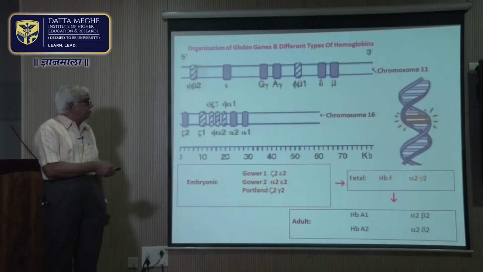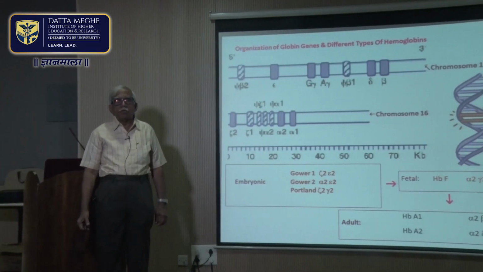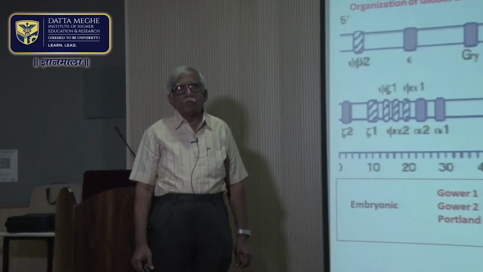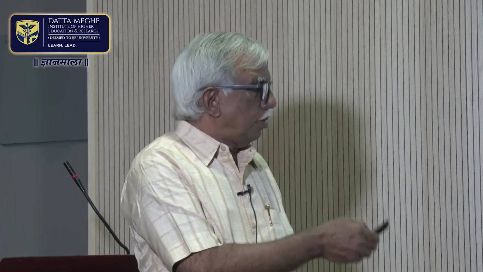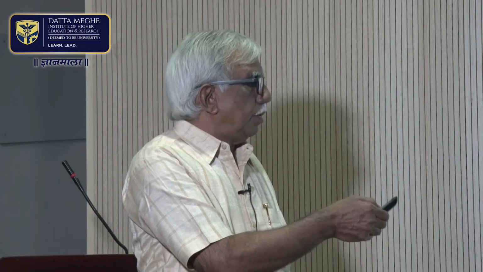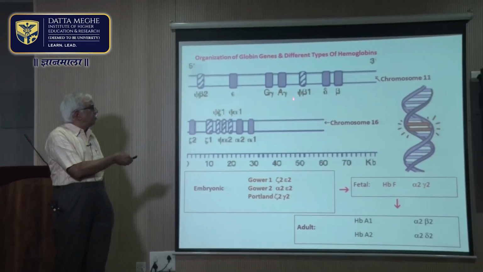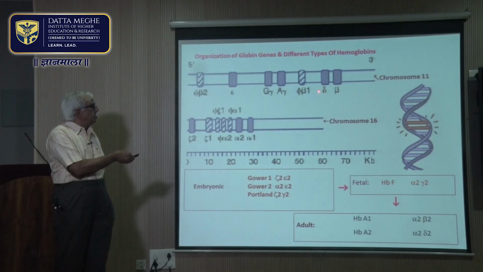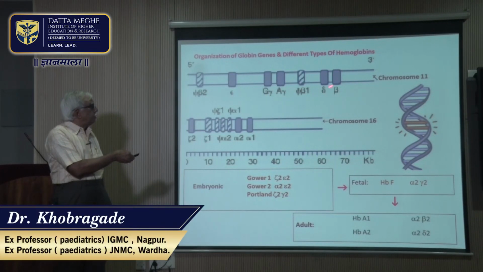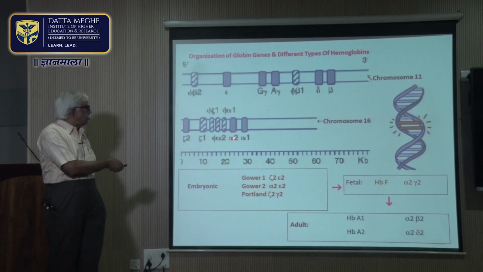Now, coming to how the hemoglobin production is being controlled genetically. There are two types of loci. One is called the alpha globin locus and the second is the beta globin locus. The beta globin locus is on chromosome number 11, and that is responsible for the production of the beta chain, the gamma chain of two types, and the epsilon chain, while chromosome number 16 is responsible for synthesis of the alpha chain.